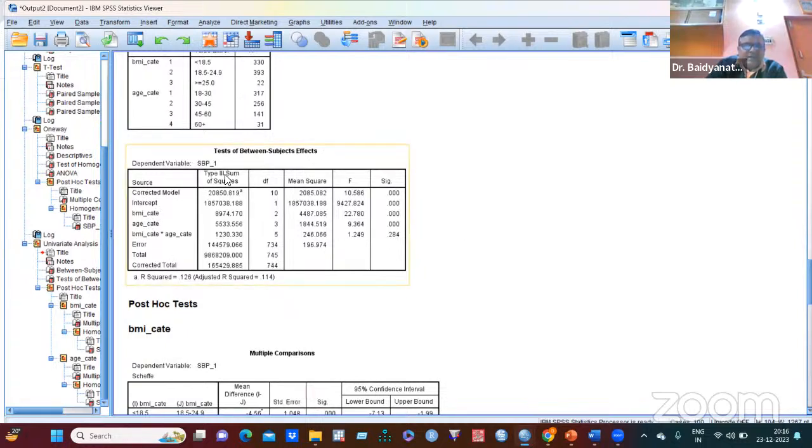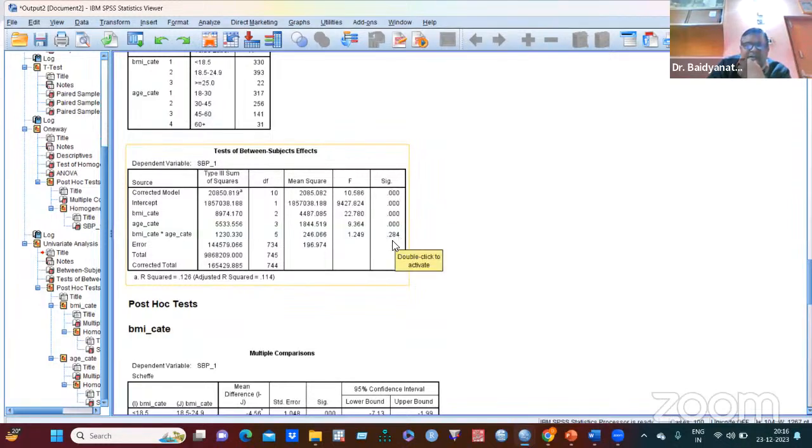Here the F value is here and the significance is here. First I check the main effect of BMI. BMI is significant, and age category also has a significant effect, but there is no interaction effect.